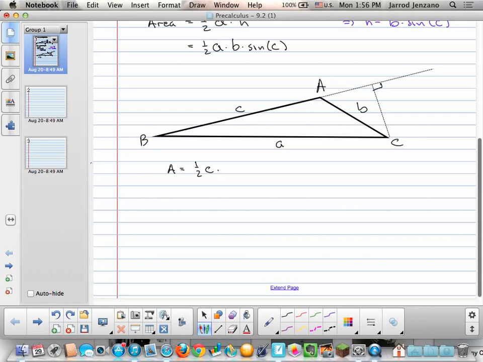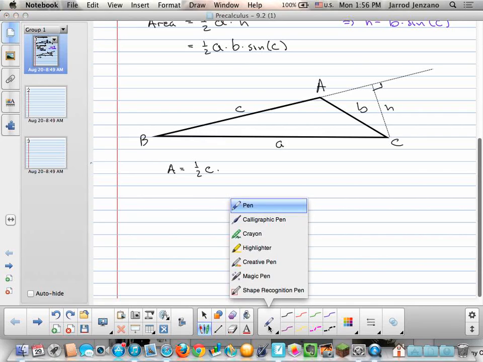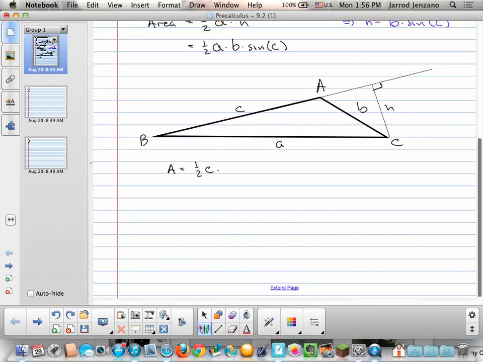Now this is the height, off of this bottom. If you look at the whole thing upside down, it makes more sense. I'll draw that in class if you need me to.